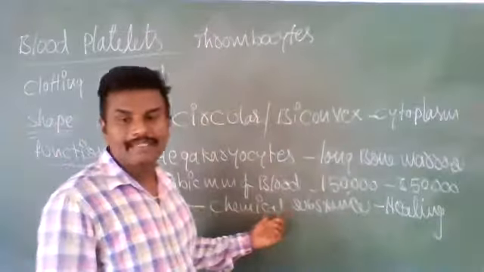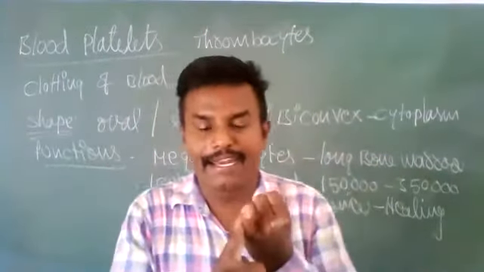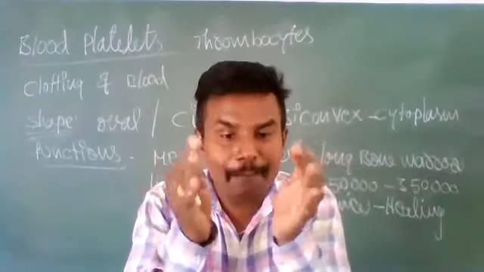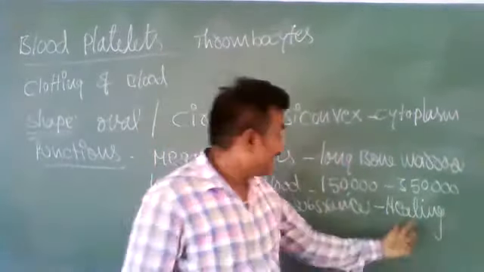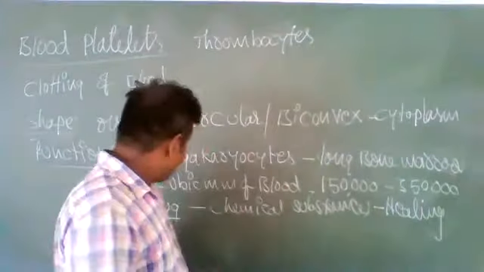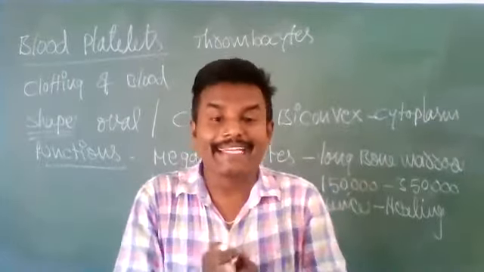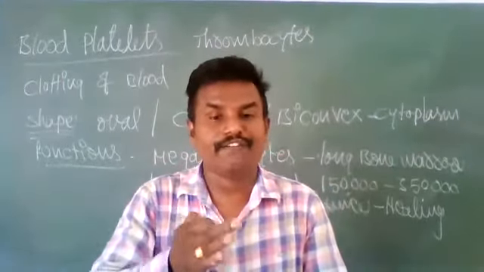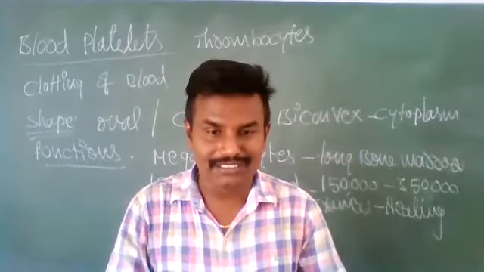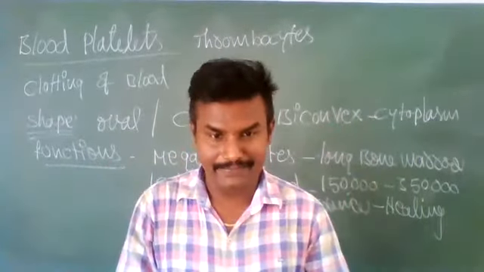It releases chemical substances involved in cell repair, blood clotting, and wound cure. Healing means the curing process. If the platelets are not formed at that wound, they will face clotting disorders, and they will lose an excess amount of blood.